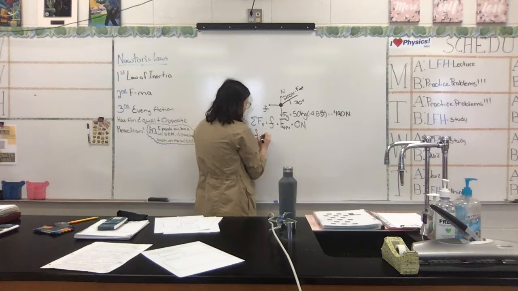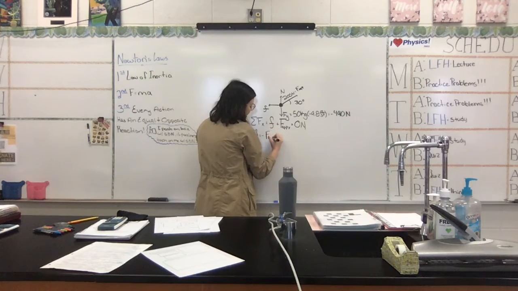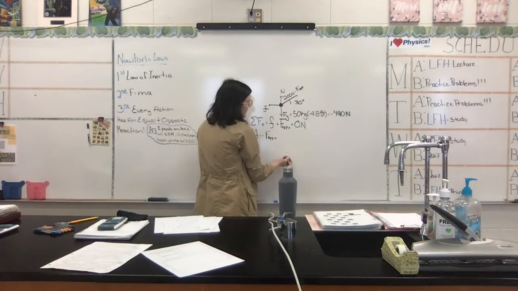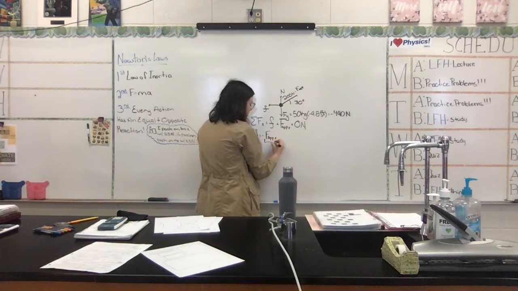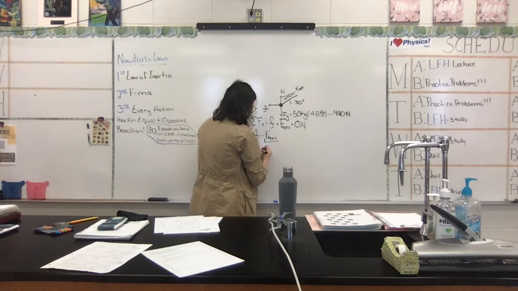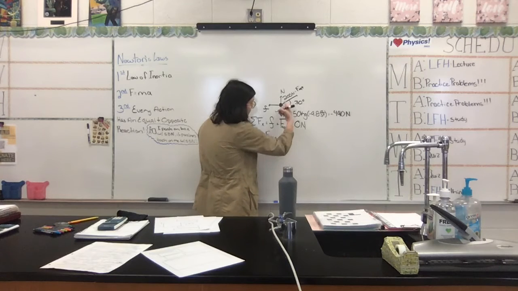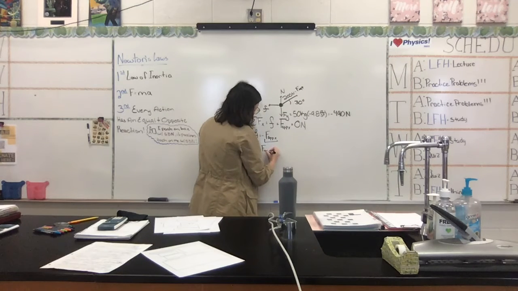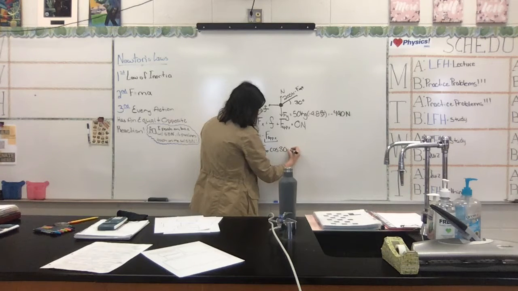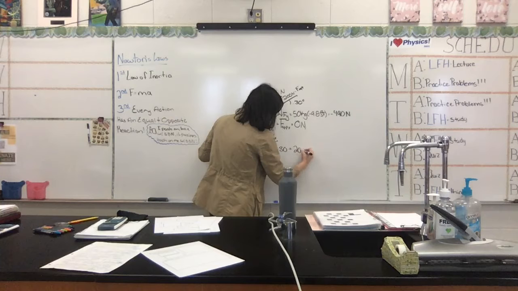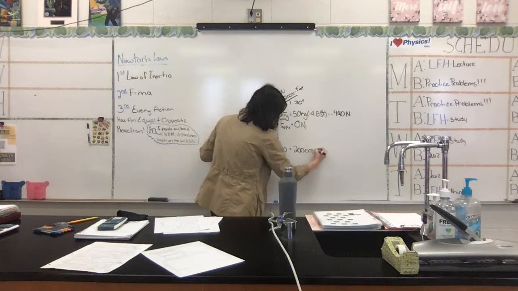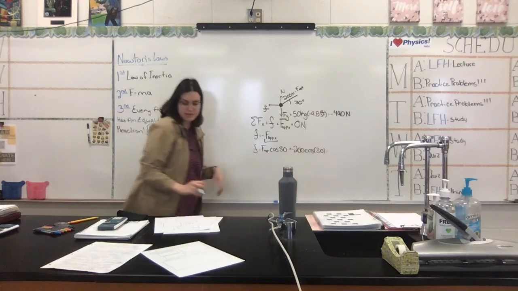So in order to find the friction, it's going to be the negative of that applied force in the x direction. And once again, we're going to want to sub in here that it is the negative of this force cosine of 30 degrees, which means 200 cosine 30. Remember, it's going to be negative 200 cosine 30.